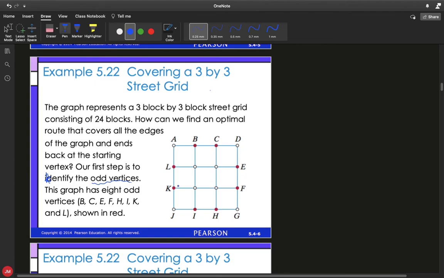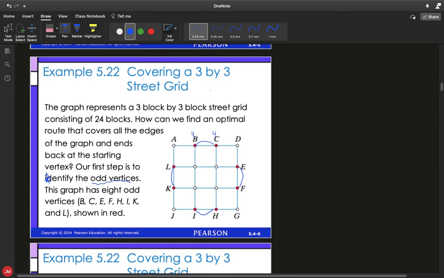So the idea of Eulerizing is we're going to add an extra edge and try to connect those as best we can. And the easiest way to do that would be to just connect B to C, connect E to F, connect I to H, and connect L to K. And obviously when you do that, you're going to end up with a graph which now has all even vertices, because if you think about it, we didn't do anything to the even vertices, and for each of the odd vertices, like B started with a degree of 3, but now we've added this extra edge.